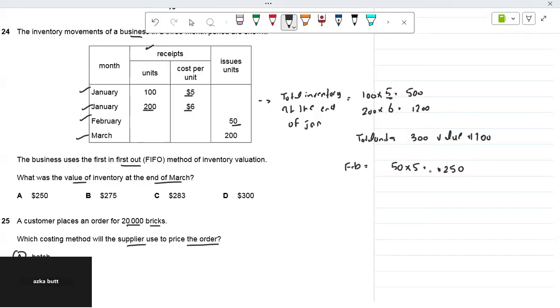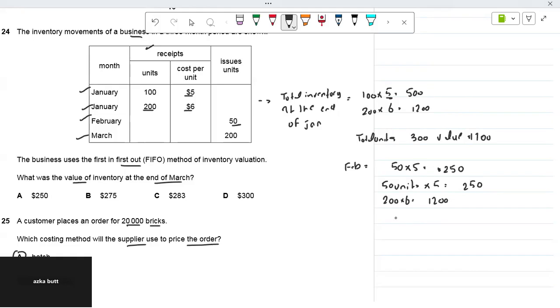So now let's see what the remaining inventory is at the end of February. Out of 100, there are now only 50 units, multiplied by 5, which is equal to 250. And the 200 remain the same. 200 multiplied by 6 is 1200.